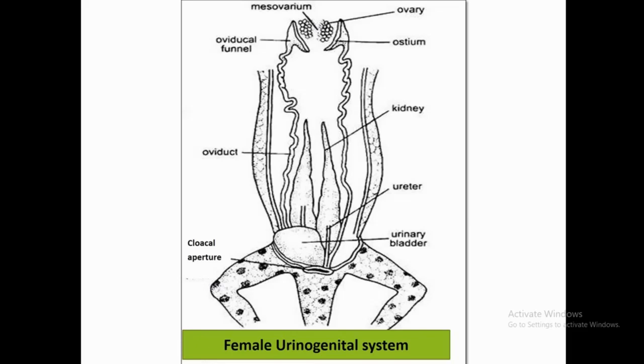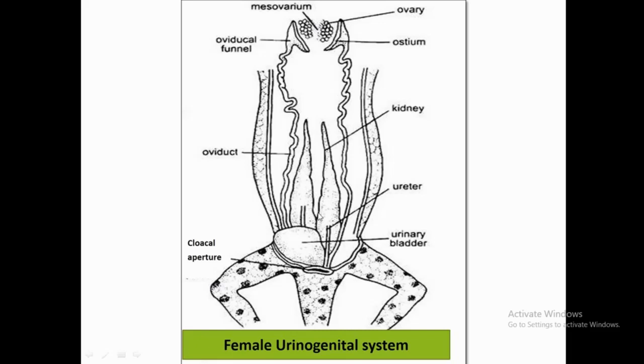Now let us see first the excretory organs. These are the paired kidneys. Each kidney is differentiated into two lobes. Here is the anterior lobe and this is the posterior lobe. The anterior lobes of both the kidneys are rather tapering and narrower, whereas the posterior lobes are quite swollen.